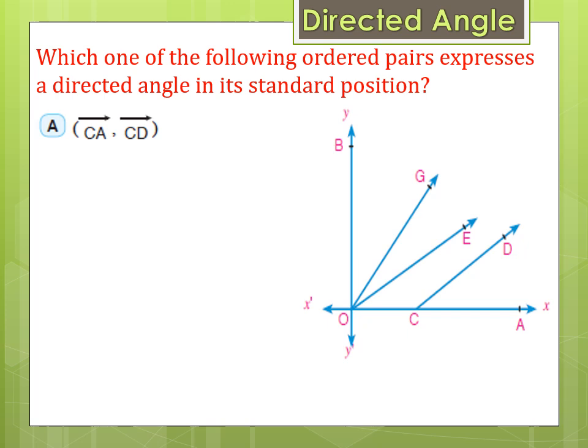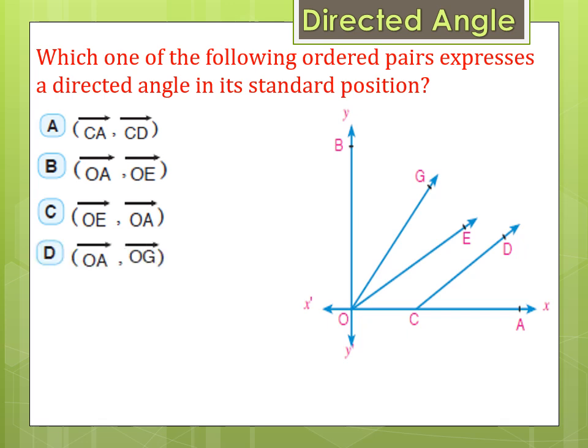O, okay, but I will find the initial OA in the positive direction, yes, and OE no problem. OE is the initial in standard position with the positive x-axis, no. OA, yes, and OG, okay.